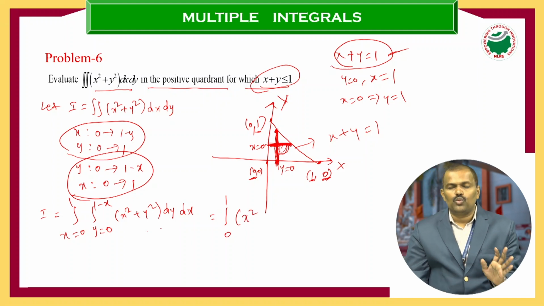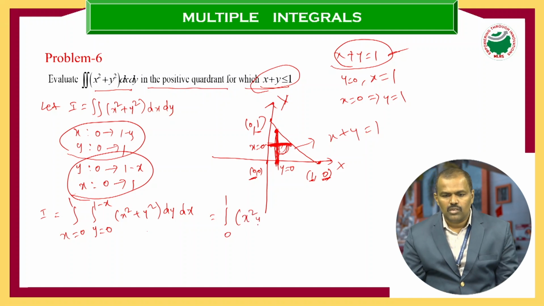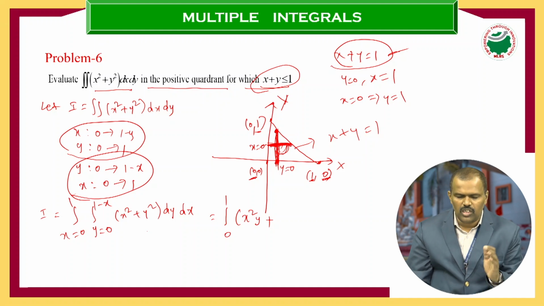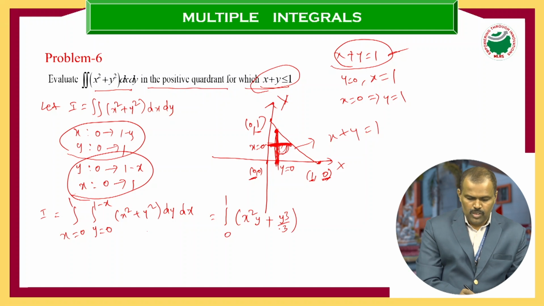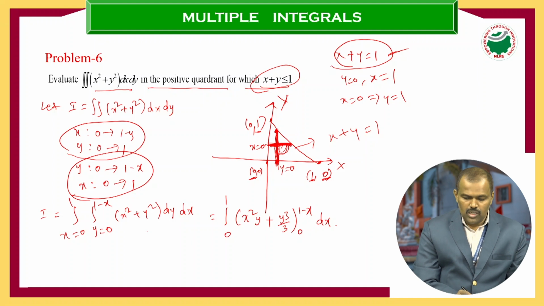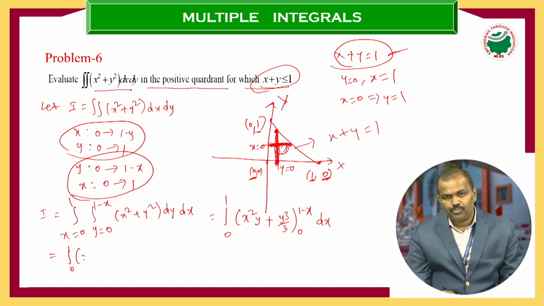Now it's time to integrate with respect to x. All terms are expressed in terms of x only, so finally we have to integrate with respect to x within the limits 0 to 1. That is the integral of x square, x cube by 3, minus the integral of x cube, x power 4 by 4, plus (1 minus x) cube.